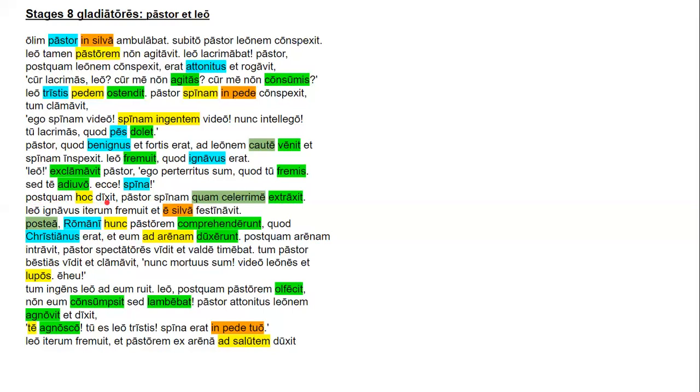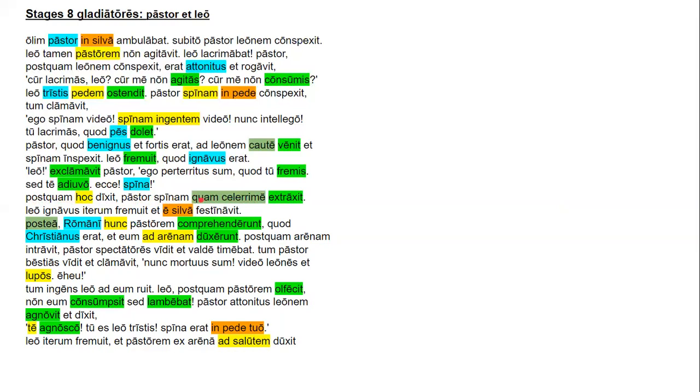And we notice that, again, dixit doesn't have an explicitly stated subject. We know that the pastor, the shepherd, is saying it, but it doesn't say that the shepherd's in the sentence. So we just have to know from context. After he said this, and then to our main clause: pastor, the shepherd, nominative subject; spinam, accusative direct object, the thorn; quam clarime.